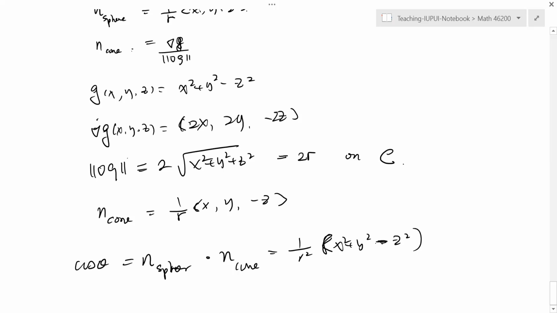But again, this is a point on the sphere, x squared plus y squared equals z squared, right? So that's going to be 0. Okay. So that means the cone is always perpendicular to the sphere.